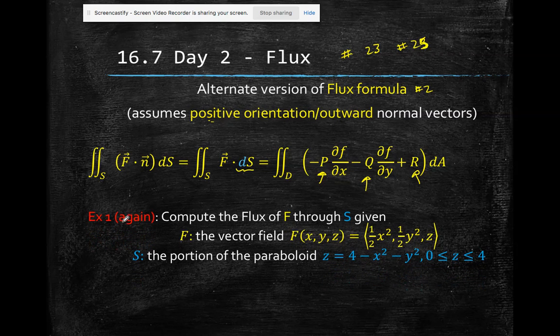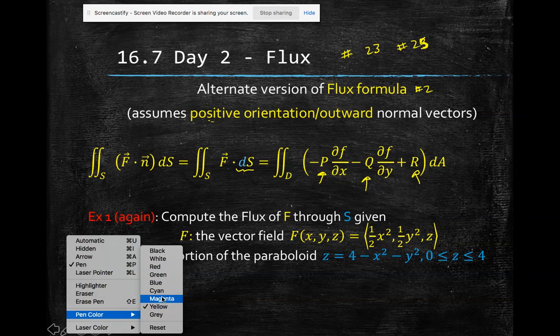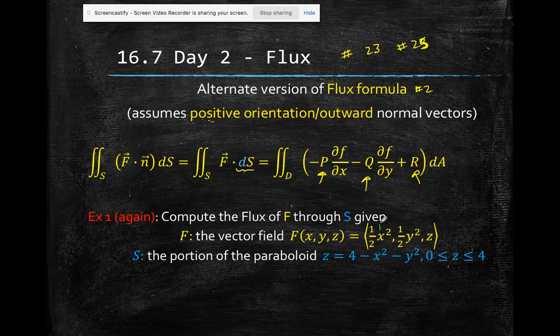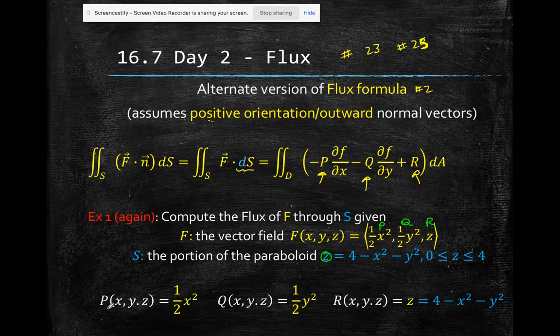So example 1 again. This time I am going to call P, Q, and R. R is Z, but remember, Z is 4 minus X squared minus Y squared in terms of X and Y. So same exact shape.